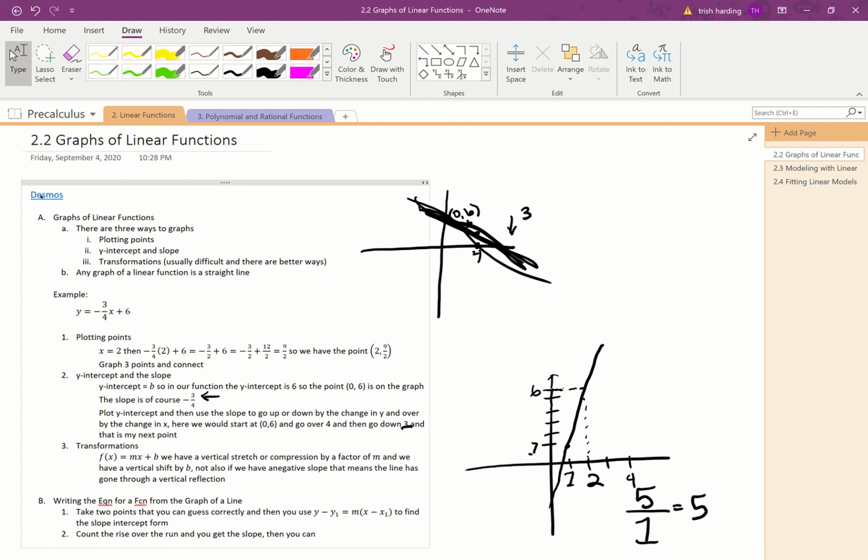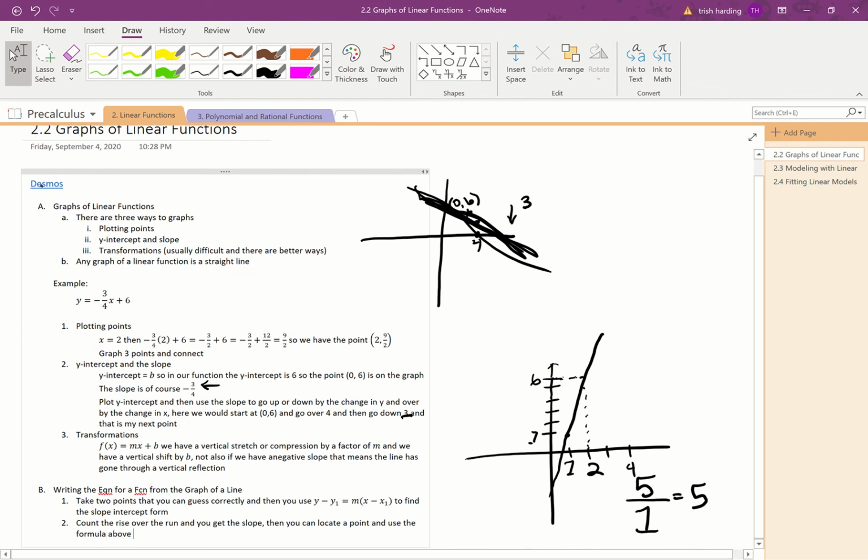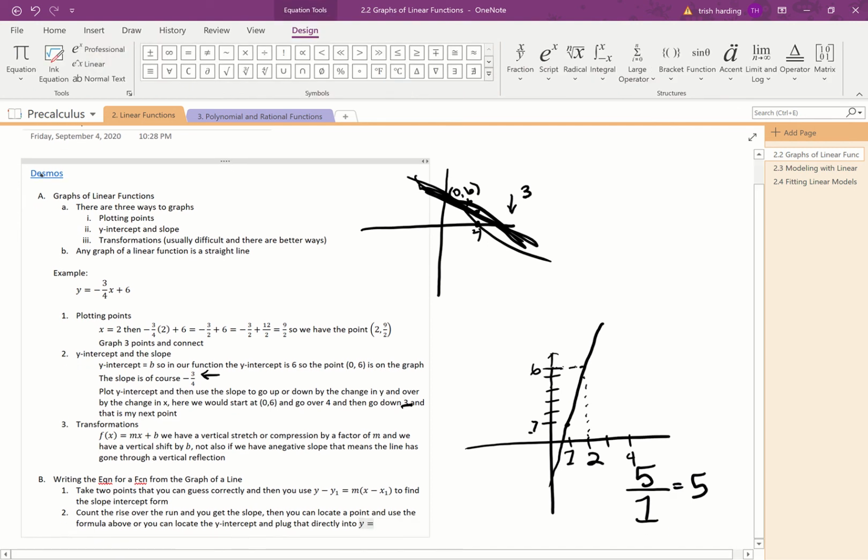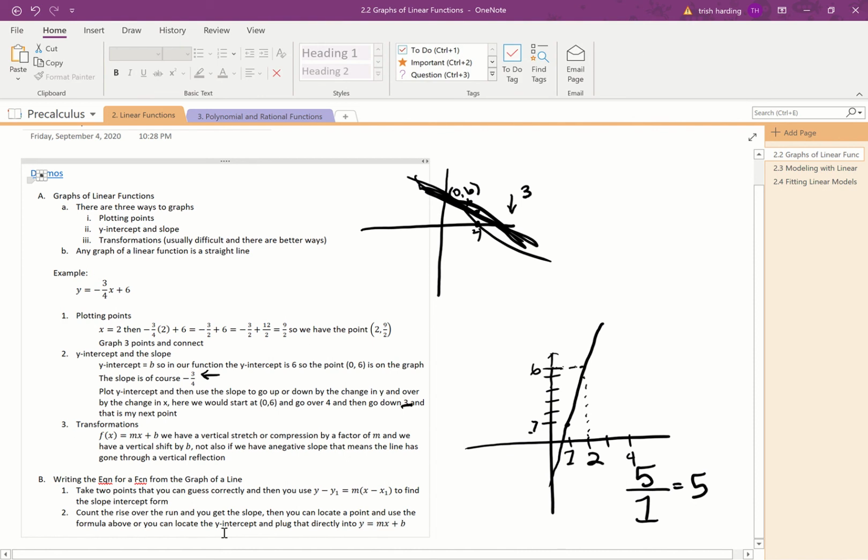Then you can locate a point and use the formula above, or you can locate the y-intercept. And you can actually plug that directly into the slope-intercept form of equation. So that's 2 ways to do that.